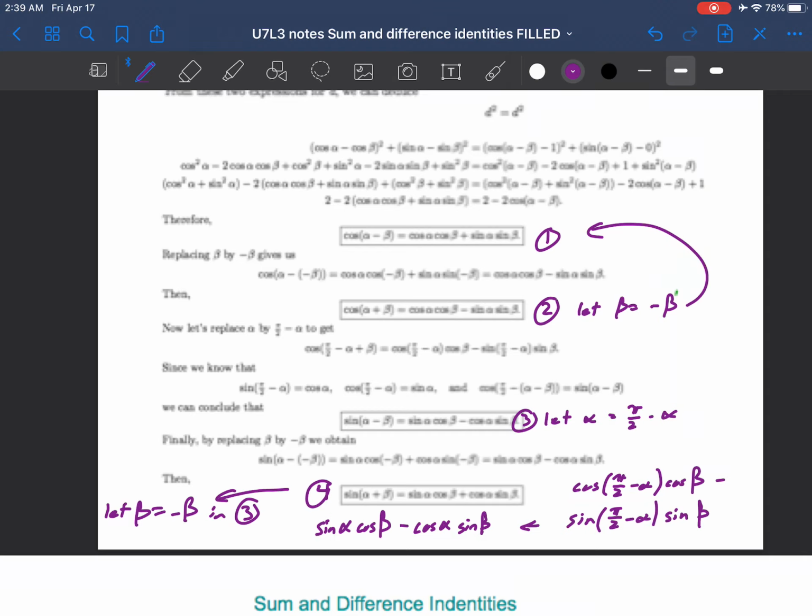So with the sine identities, if you have sine of alpha minus beta, this sign stays the same. And if you have sine alpha first, that goes first. Then cosine alpha comes second, right? So it's always alpha beta in that order, but sine comes first because you're starting with sine. Cosine is second. And the sign here is the same. So for the last one, if you have sine of alpha plus beta, it's sine alpha cosine beta. If this is a plus, that stays a plus, and you have the cosine part.